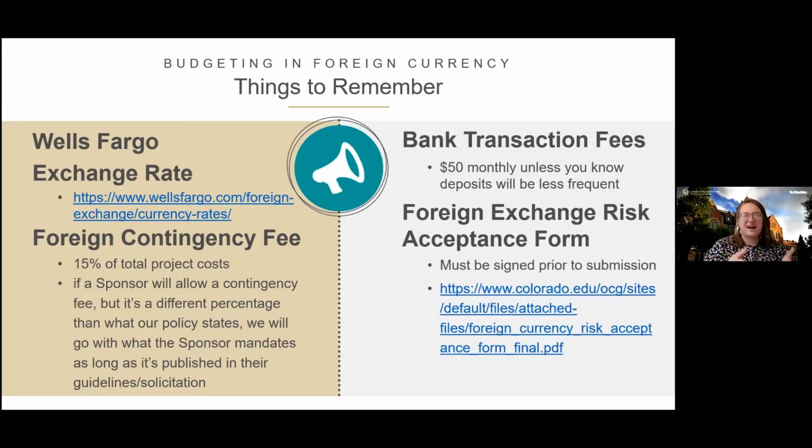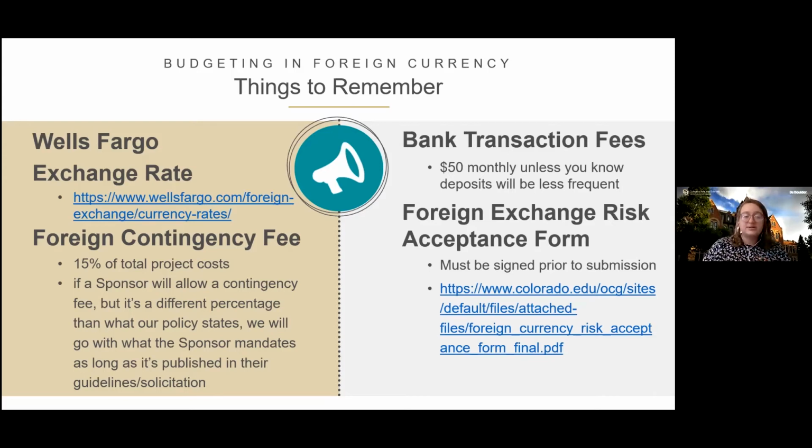So over 5 years, we've collected information on how much exchange rates fluctuate over the life of our projects and how much money is potentially unavailable to the project because exchange rates changed from the day of budgeting, from year 1's payment to year 2 to 3, etc. And so we've determined that 15% will cover those fluctuations, and that is a total project cost. So that's our direct plus indirect times 15%, and that's what this contingency fee comes down to.